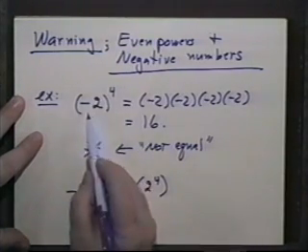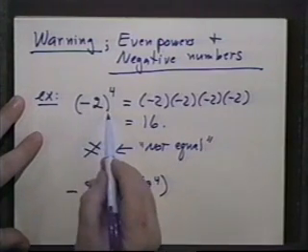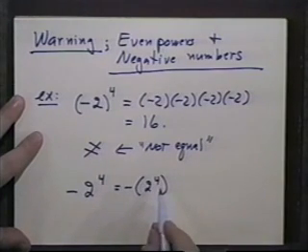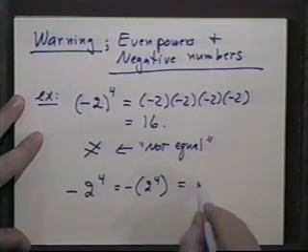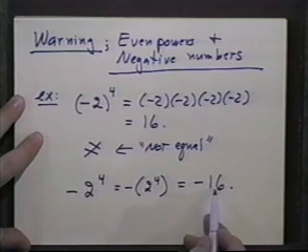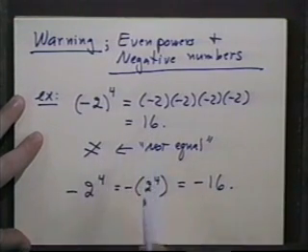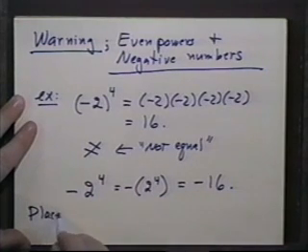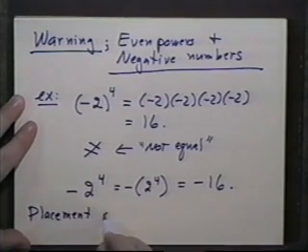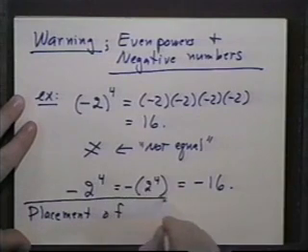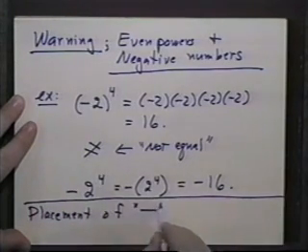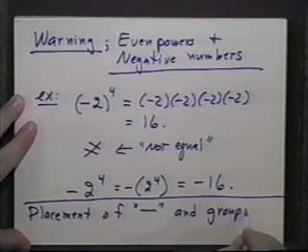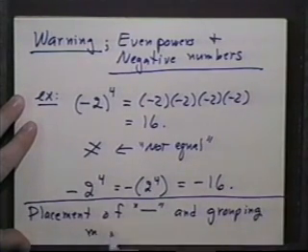Up here, the minus is only for the 2 because I have parentheses around that. Now you see what happens here. Minus 2 to the fourth, 2 to the fourth is 16, so this is minus 16. And that certainly is not equal to 16. So be very careful. I'll put this down here. Placement of this minus sign and grouping matters.